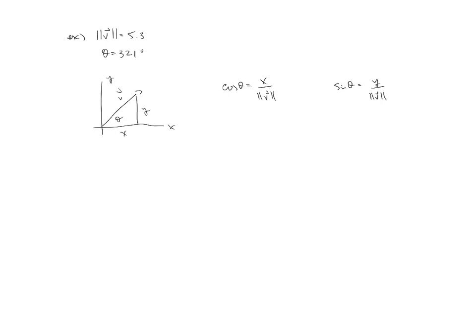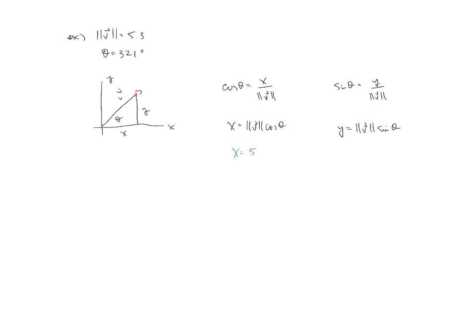So if it's my job to find the terminal point, which in turn we could rewrite now in its component form, then I can say x is going to be the magnitude of v cosine theta, and y equals the magnitude of v sine theta. So really I'm just plugging stuff in at this point.